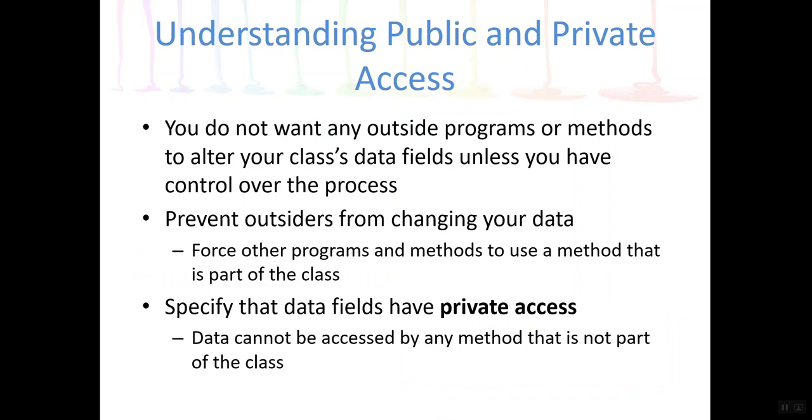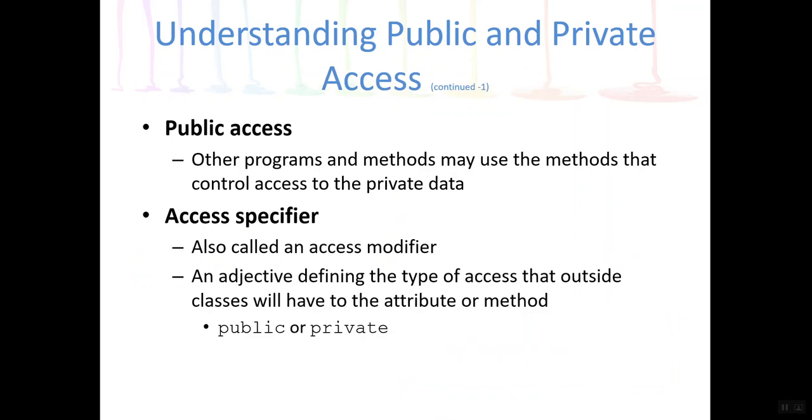defining something as public access means that other programs and methods can use it. But we are going to define our data fields, also called instance variables, as private access, which means that outside programs or methods can't access them directly.